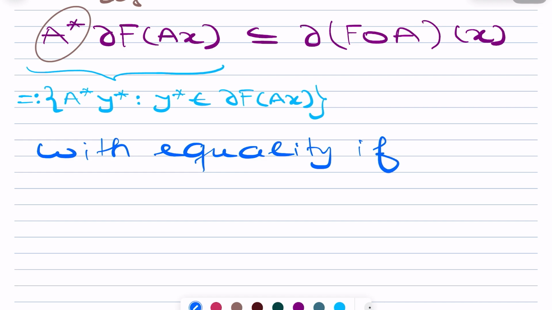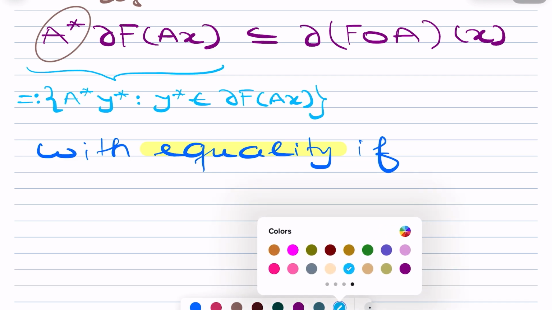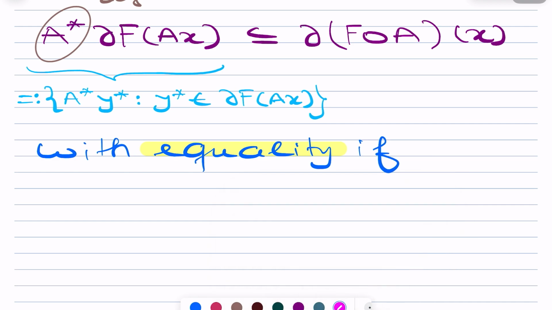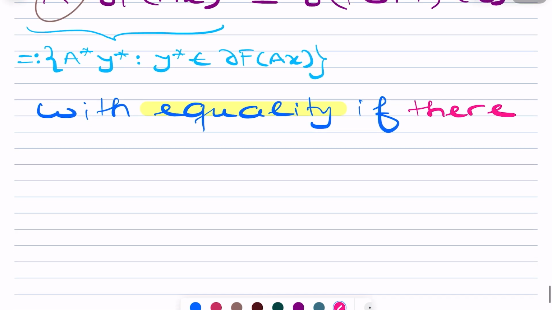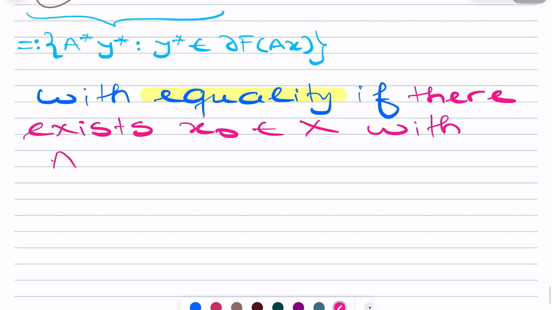With equality, if there exists x0 in X such that Ax0 is in the interior of the domain of f.